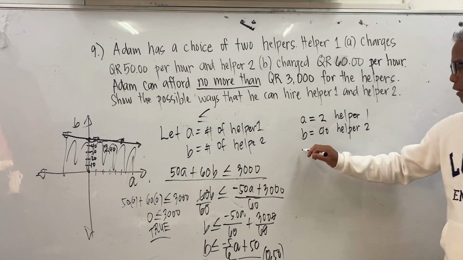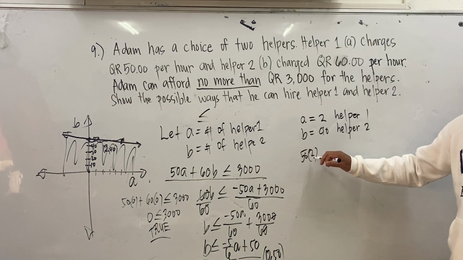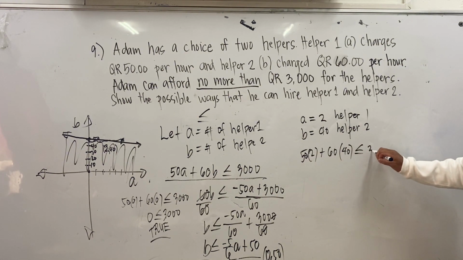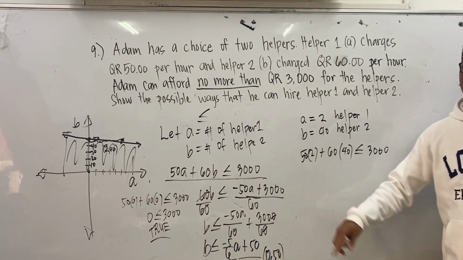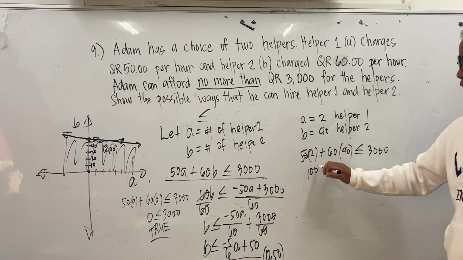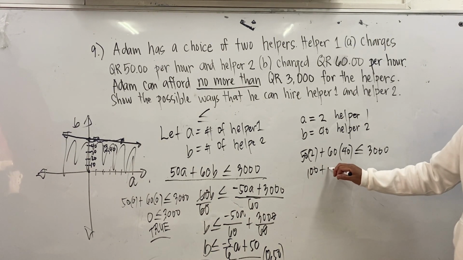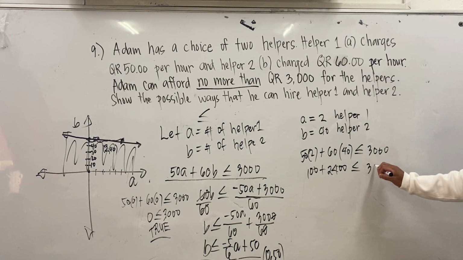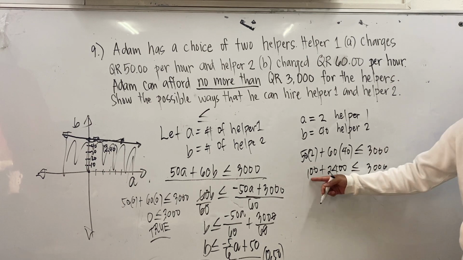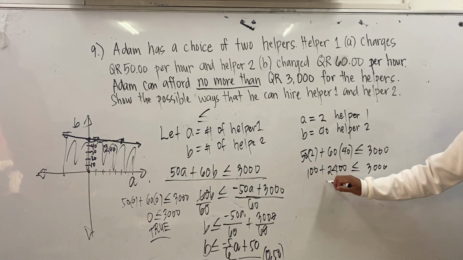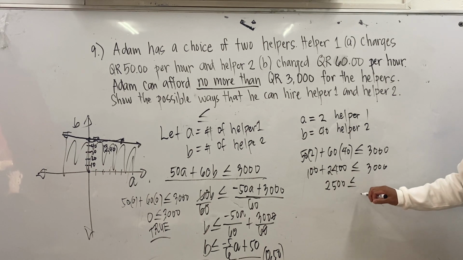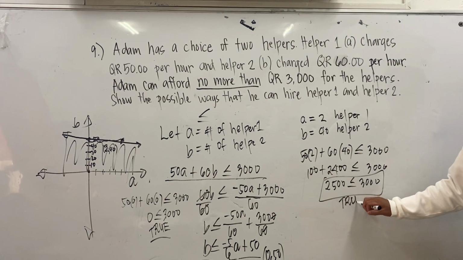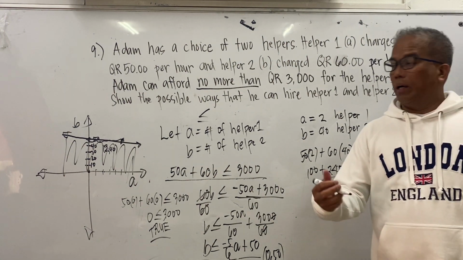Then substituting now, 50 times 2 plus 60 times 40, less than or equals 3,000. So 50 times 2 equals 100, plus 60 times 40 equals 2,400, less than or equals 3,000. Then adding 100 plus 2,400 equals 2,500, less than or equals 3,000. The result now is a true statement, so we can use this as our possible ways.